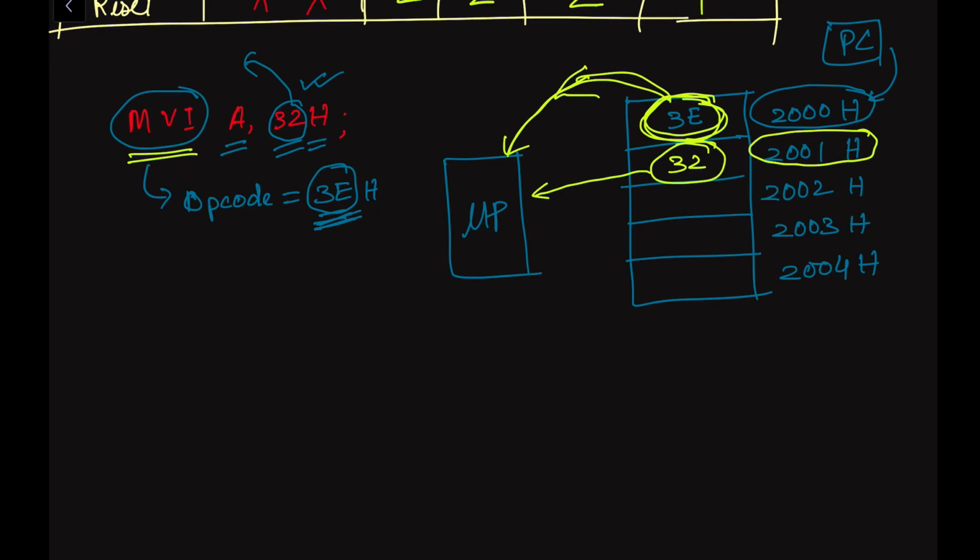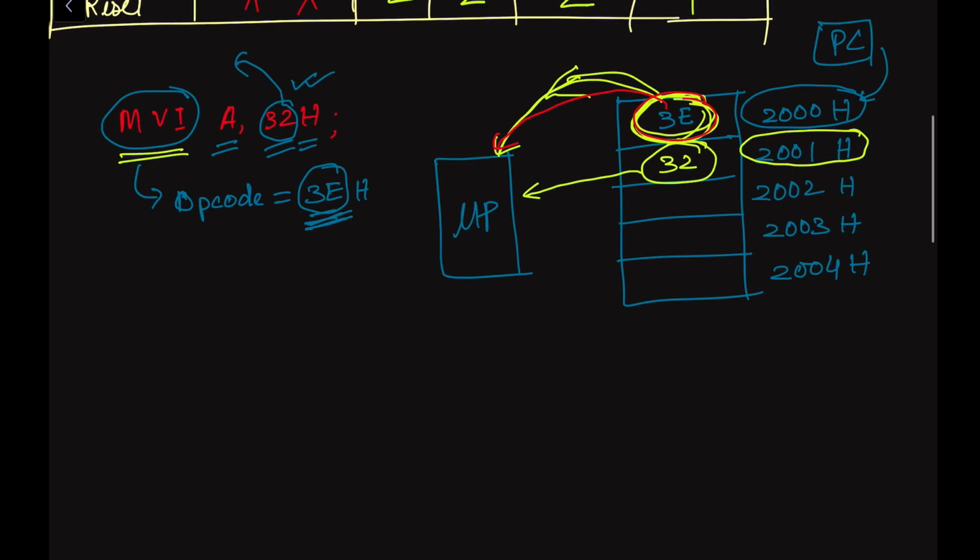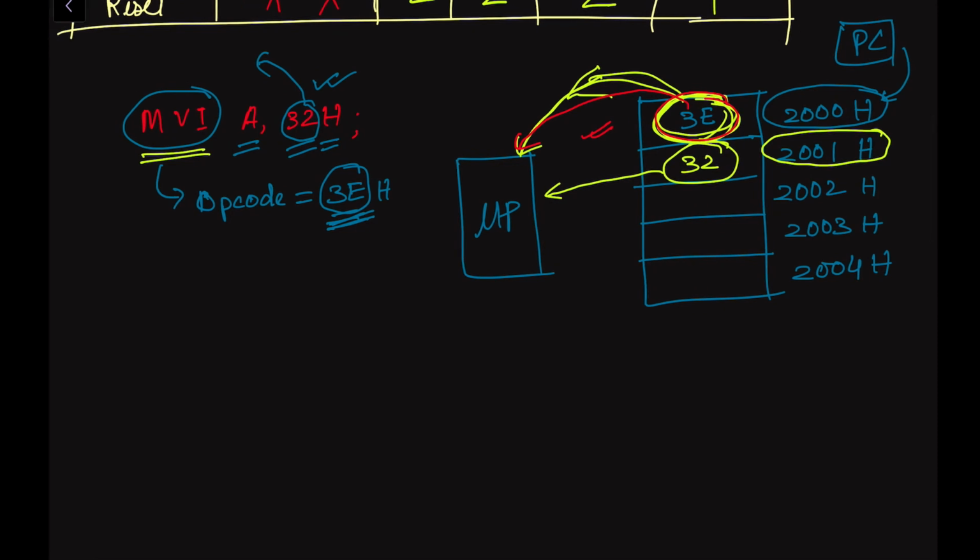That means during the first 3 clock cycles, the microprocessor will read this opcode, and in the 4th clock cycle of the opcode fetch operation, it will decode it and understand that this is an immediate move instruction, MVI. Okay, and 32 will be transferred during the second machine cycle, that is the memory read machine cycle. We have to understand it in this way.